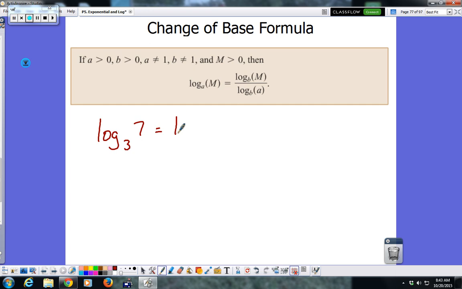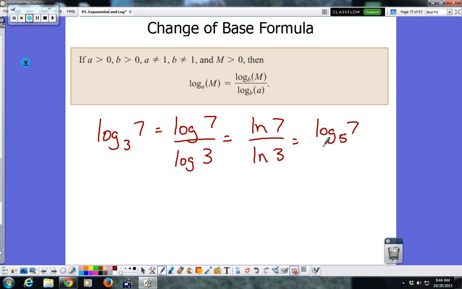Log base 3 of 7 can be written as log base 10 of 7 divided by log base 10 of 3. You can rewrite this as log base e of 7 divided by log base e of 3. And for some reason, if you want to, you could rewrite this as log base 5 of 7 divided by log base 5 of 3.